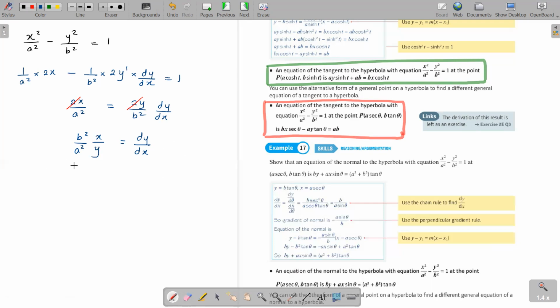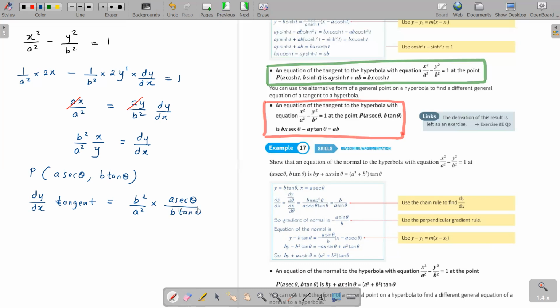So then I want to get the gradient of the tangent at the point P. P is a sec theta and b tan theta. Do you agree? That's the x, y. So let's get dy by dx. dy by dx of tangent equals b square over a square, x is a sec theta and y is b tan theta.